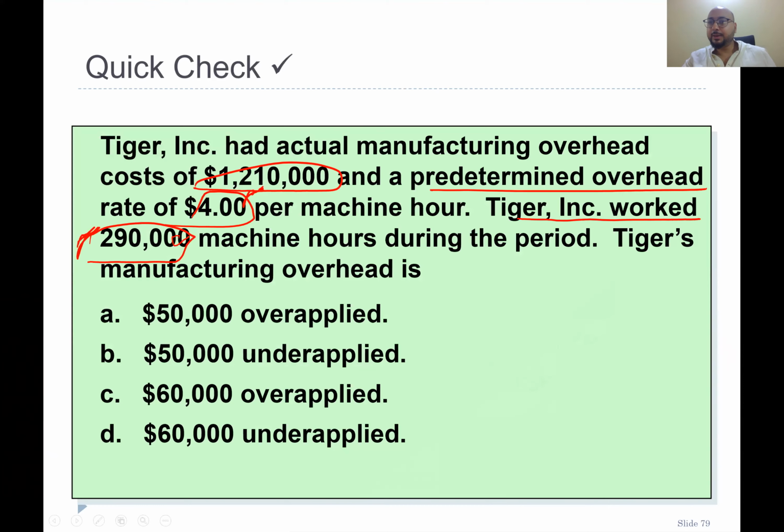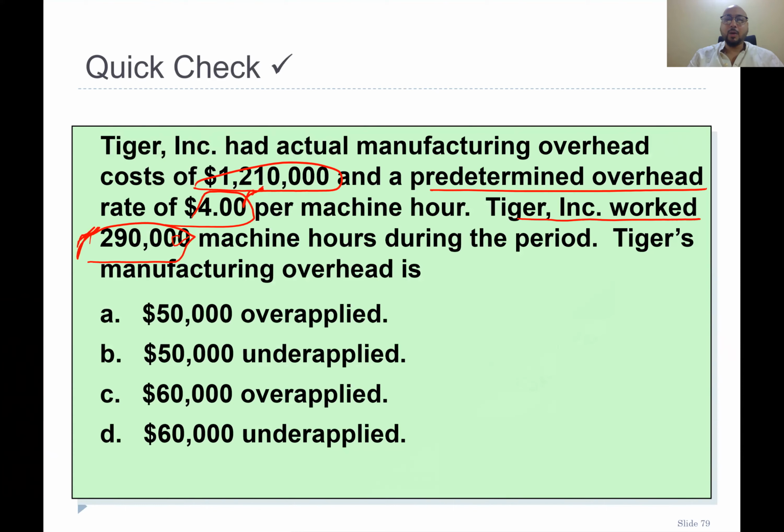So what is the answer here? Is it over applied? Under applied. See, we are having a difference of opinion.